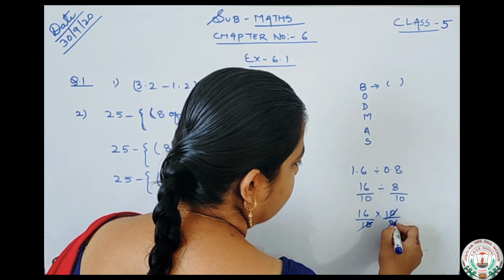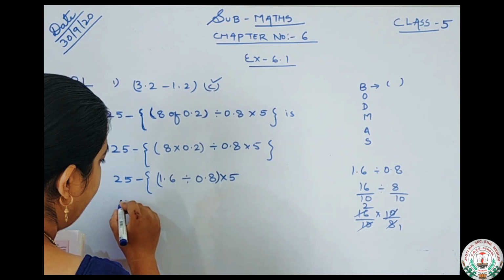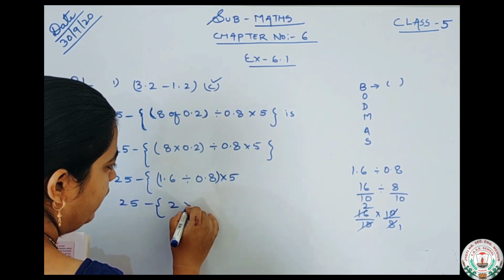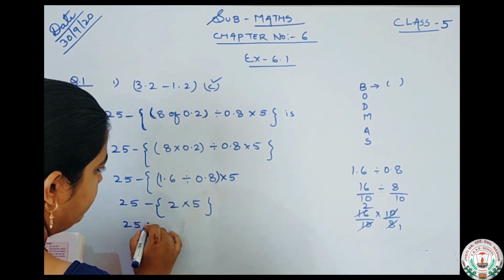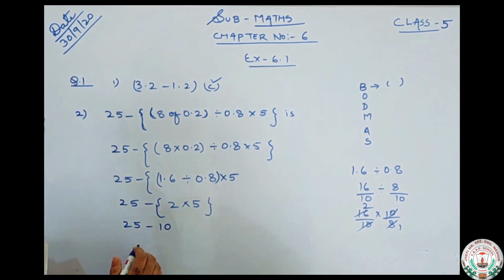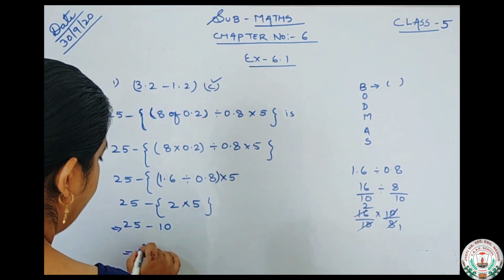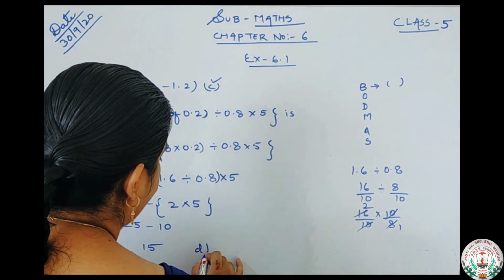This cancels, 8 ones are 8, 8 twos are 16. So what is left is 2. Then 2 into 5, 2 fives are 10. We will solve this and open the bracket. So our answer is 25 minus 10, that is 15, which is given in option number D.